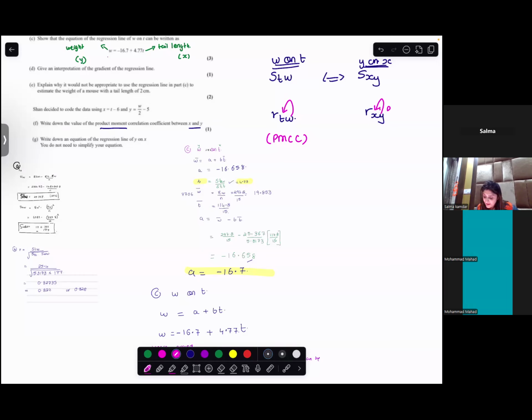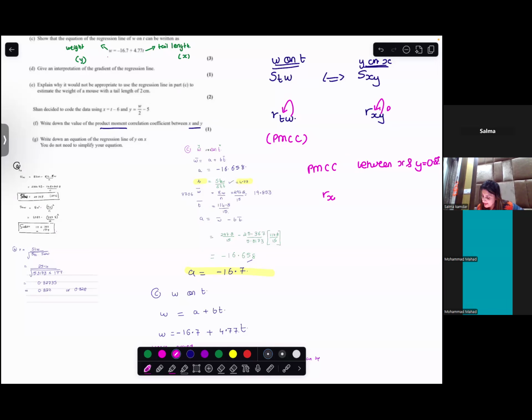So, will the product moment coefficient of correlation change because of coding? No, it is not affected by linear coding. So the PMCC between X and Y, you will write in full, is going to remain the same, which is 0.827.